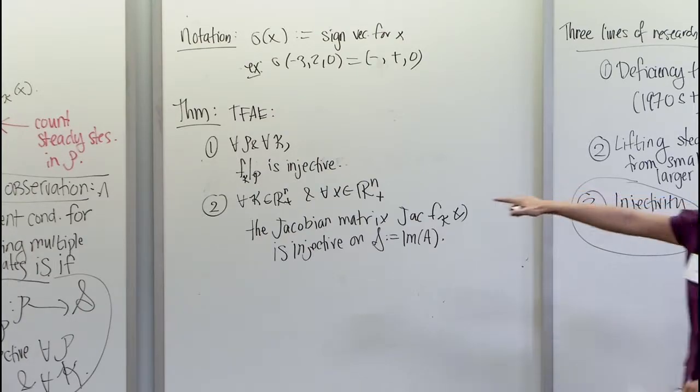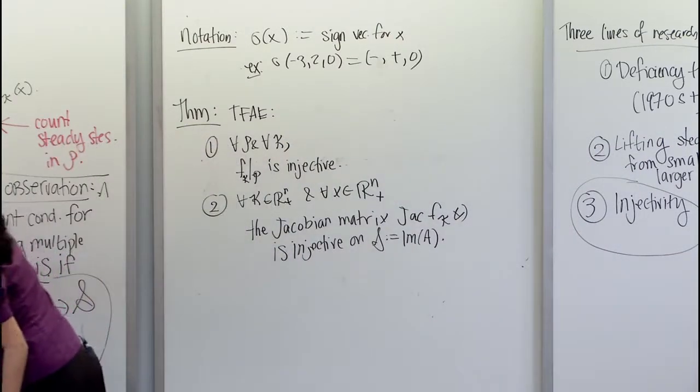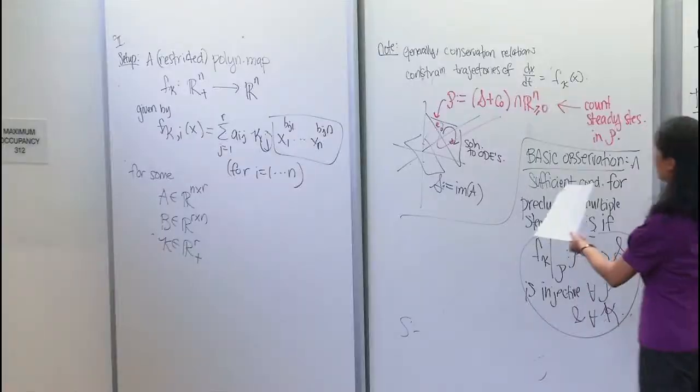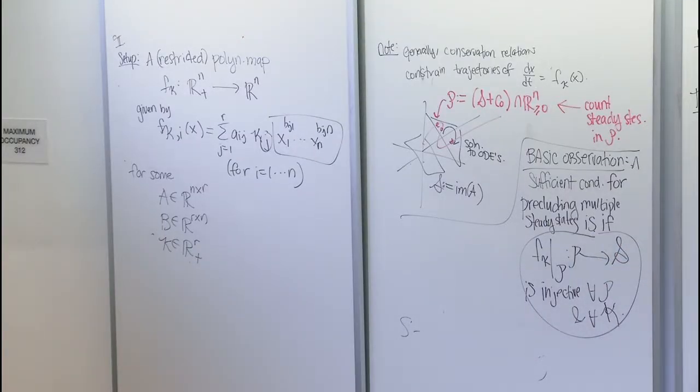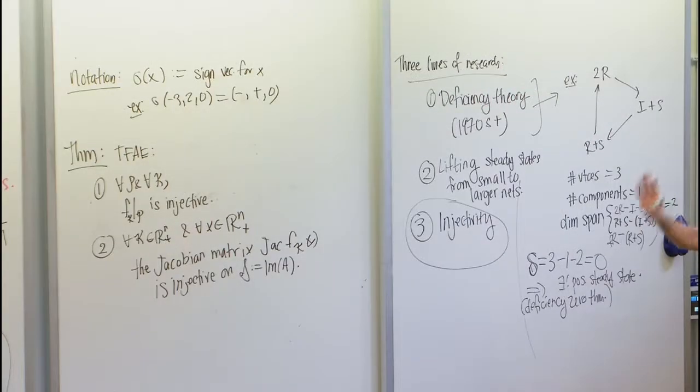The image of A. This is what I'm defining as S, the image of this matrix A. Because the previous one is asking about all sets P. Now I'm asking about injectivity on a subspace S.